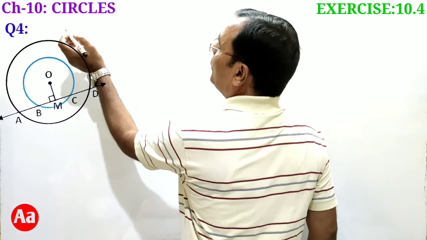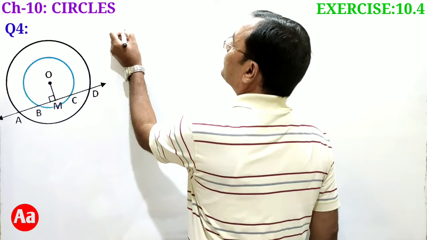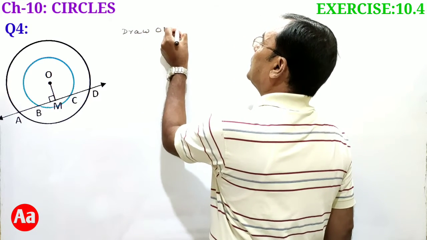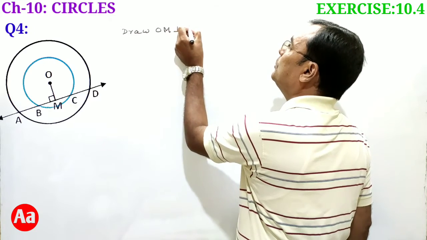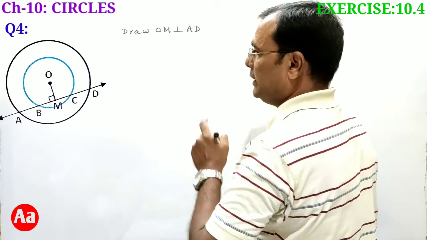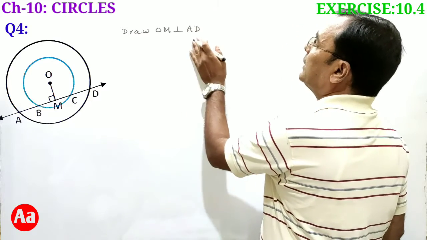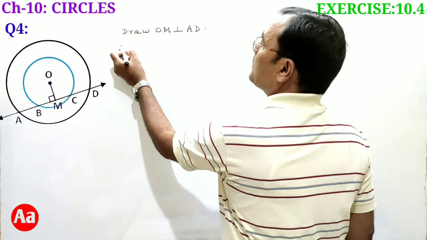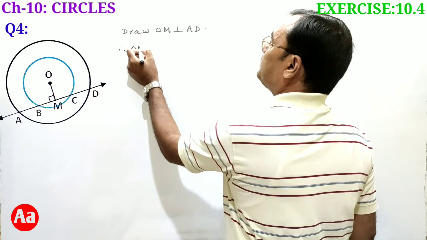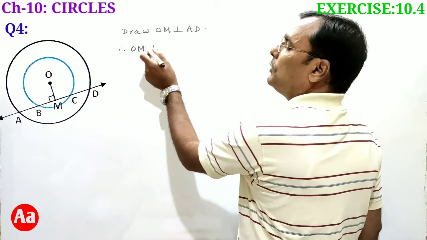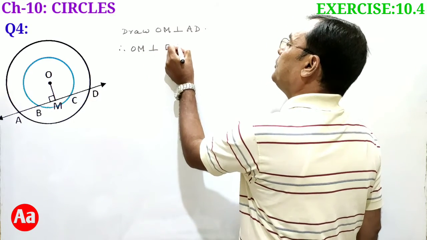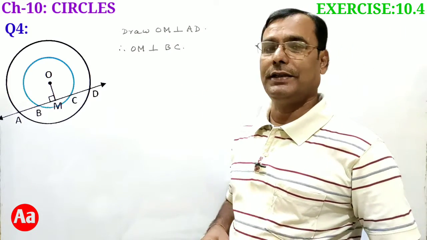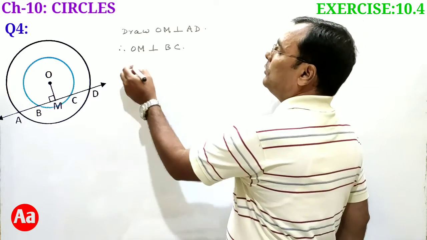So first of all, let's draw OM perpendicular to the chord AD of outer circle with center O. Therefore, this OM will be perpendicular to the chord BC of inner circle also, because AD and BC are the same line.